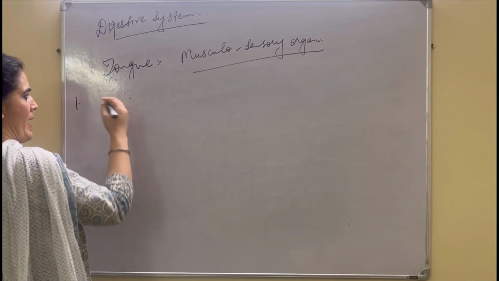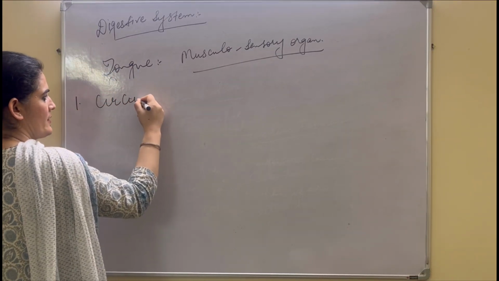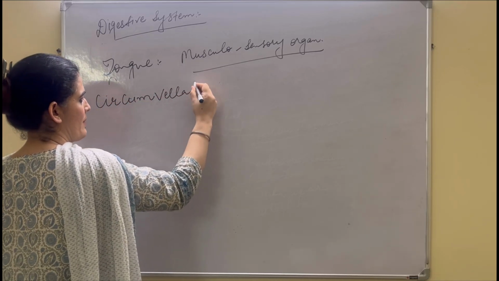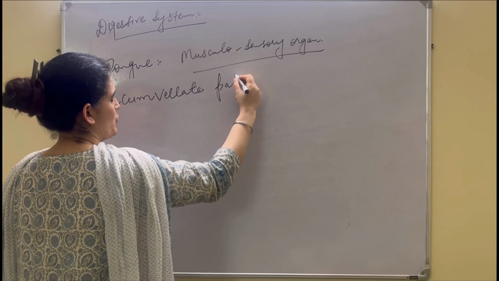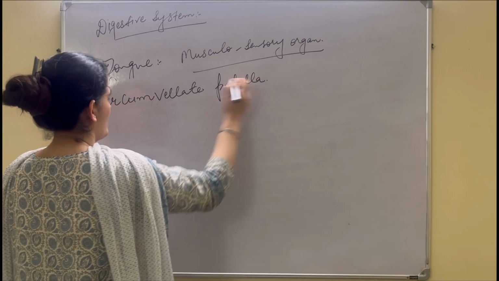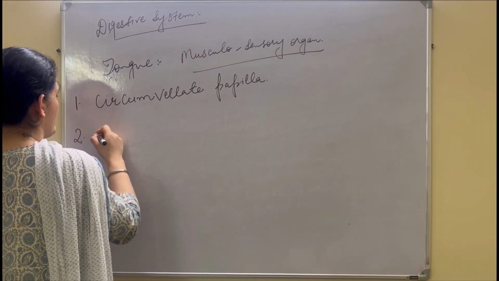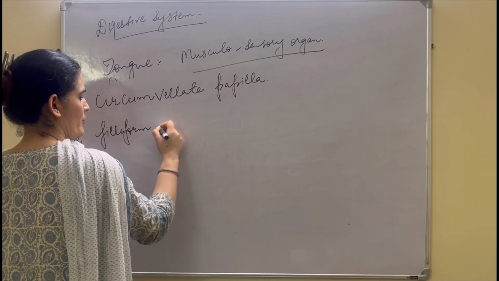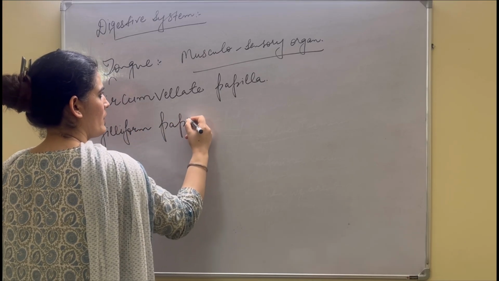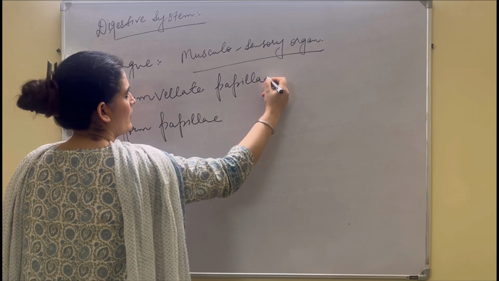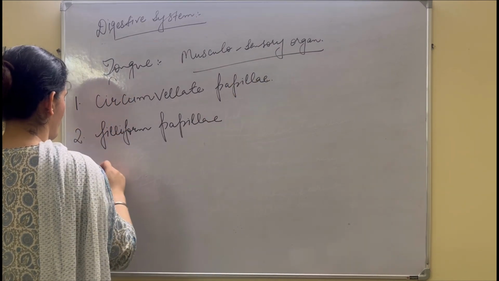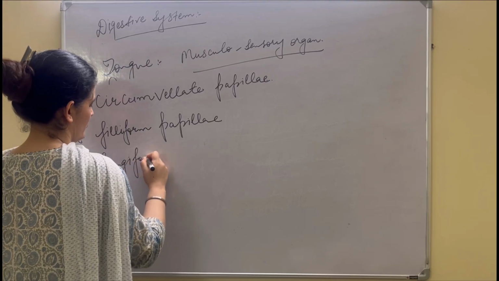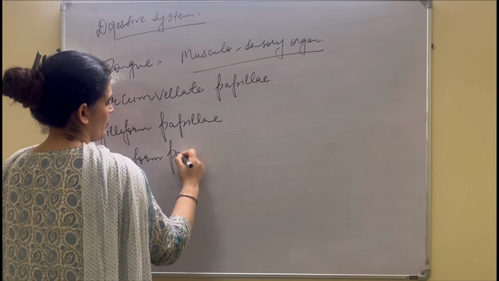So the first papillae, yes, you might have learned about them, are the circumvallate papillae. The second one is filiform papillae. The third is fungiform papillae.